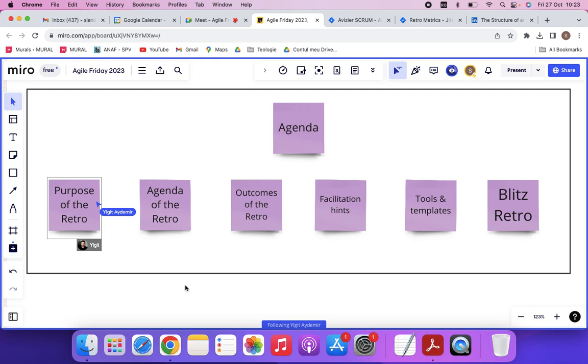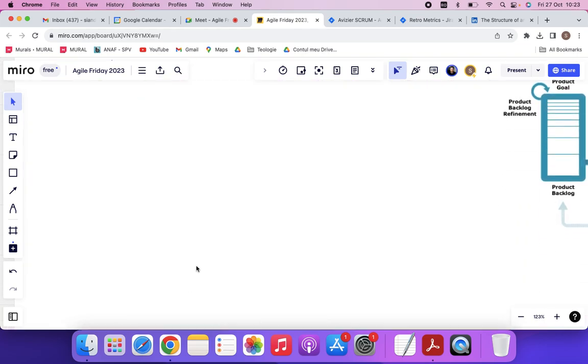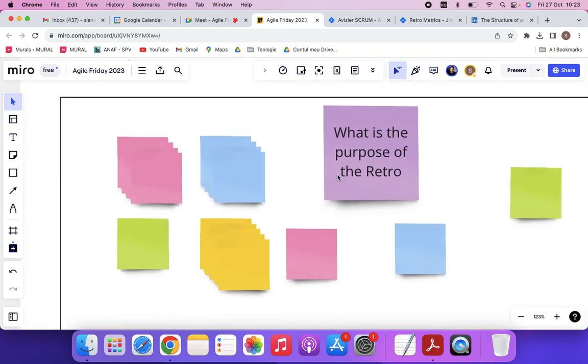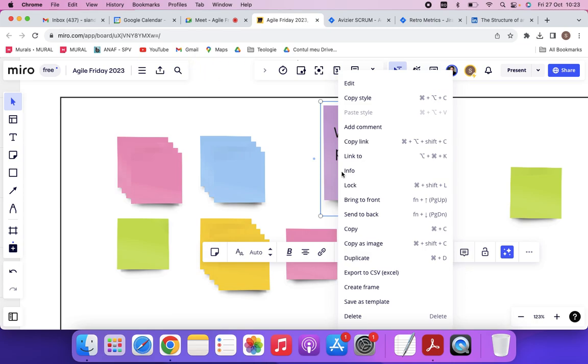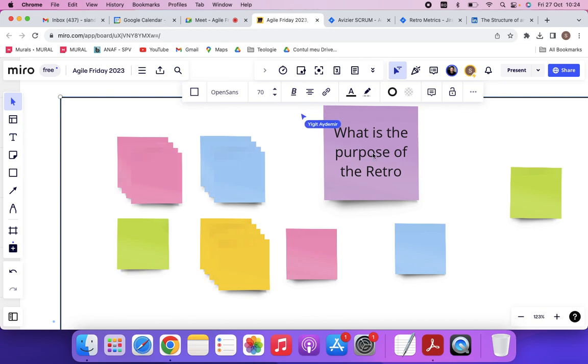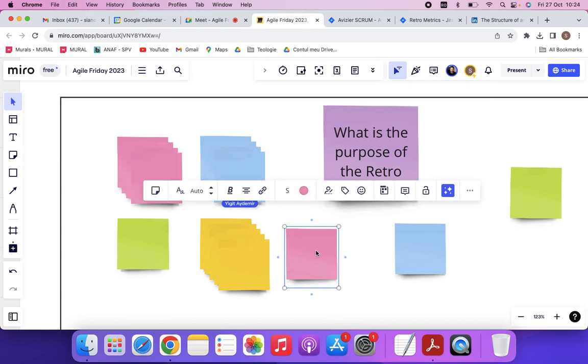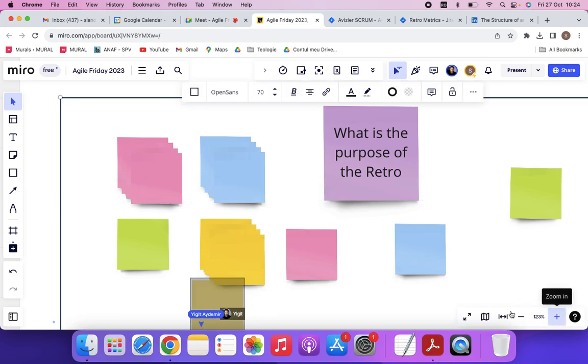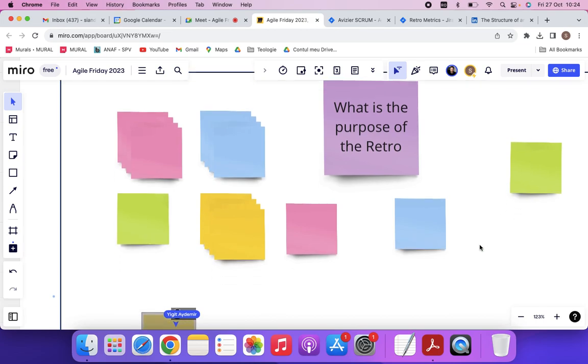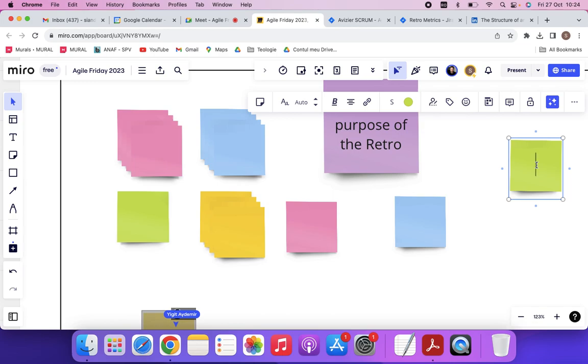You should go a little down on the board, and let me find where it is. Bring everyone to me. Okay, perfect. I saw lots of sticky notes here. Yeah, I prepared several sections. All right.